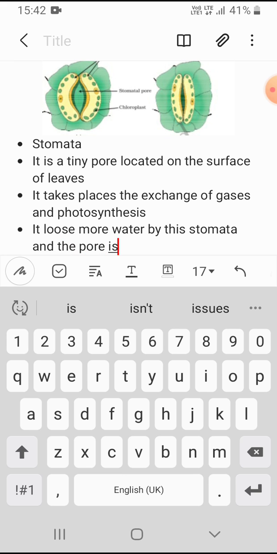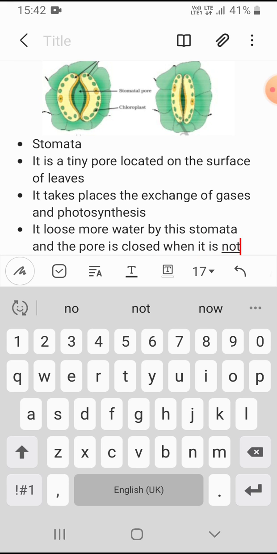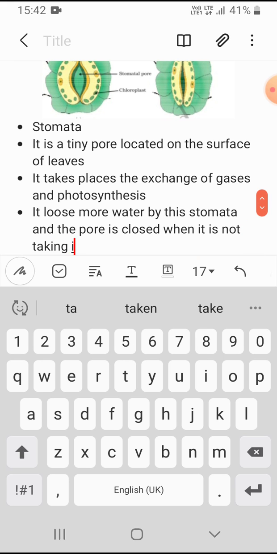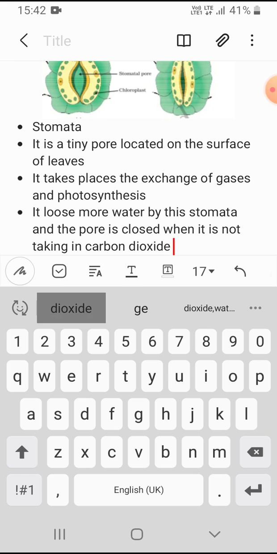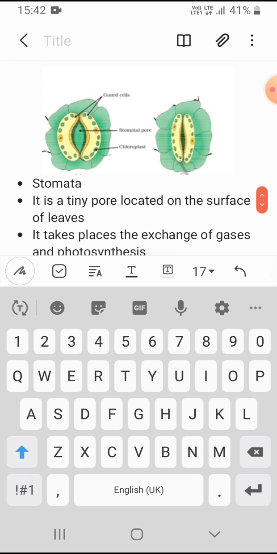The pore of the stomata is closed when it is not taking in carbon dioxide. See here, the first is an open stomatal pore with chloroplast and guard cells, and in the second photo the stomatal pore is closed.